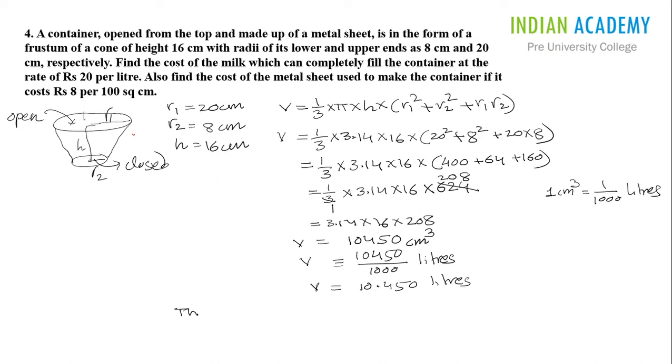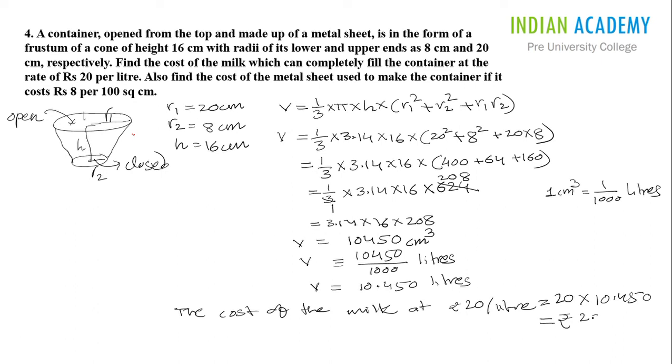The cost of the milk at rupees 20 per liter will come out to be 20 into 10.450, which comes out to be 209 rupees. That's the cost of the milk which will fill the container.